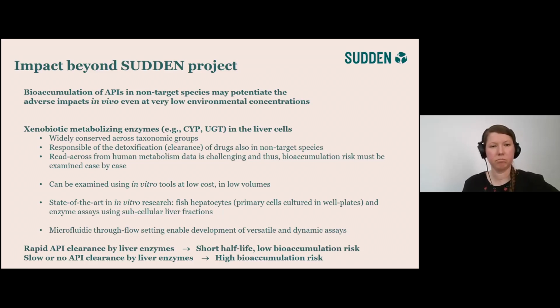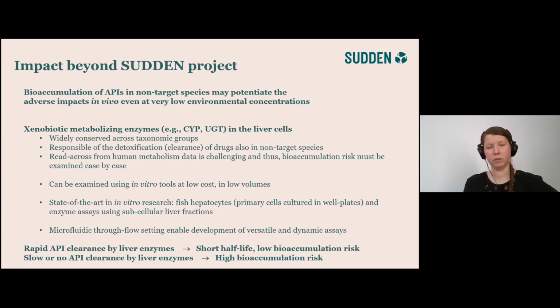So we have the in vitro tools available. They are low in cost and low in volumes. But the state-of-the-art methods have their limitations. So in the SUDDM project, we develop microfluidic systems, so completely new tools, and also we try to improve the tools that are already available.